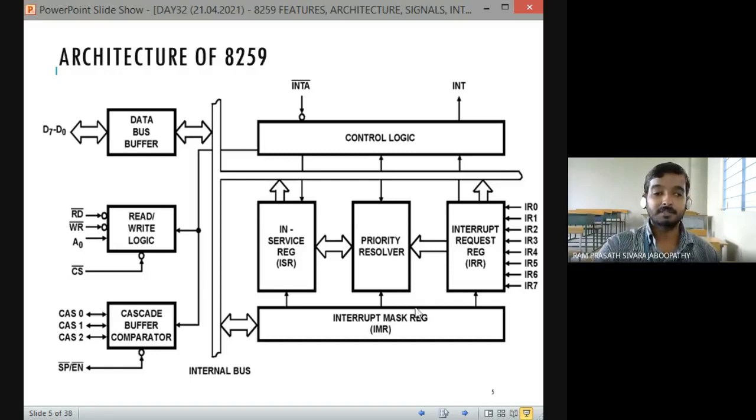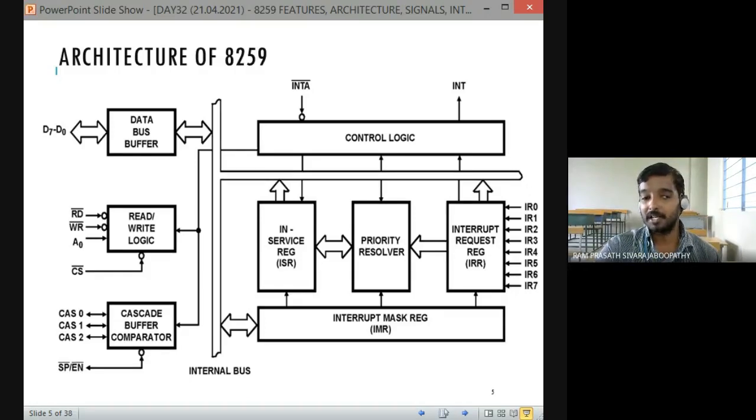Now coming to this part, these interrupt pins are directly connected to a register. What is the name of the register? Totally we are having 3 registers internally in this 8259. By accessing these 3 registers, the priority resolver will resolve which interrupt has to be serviced first.